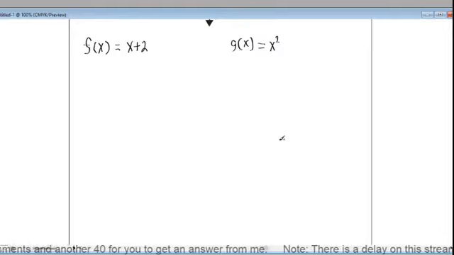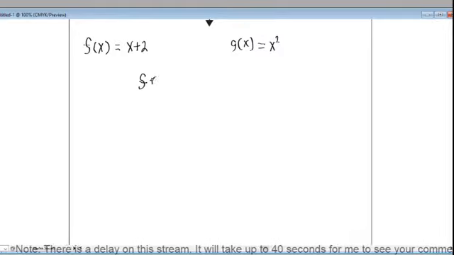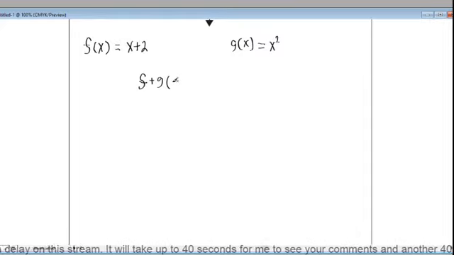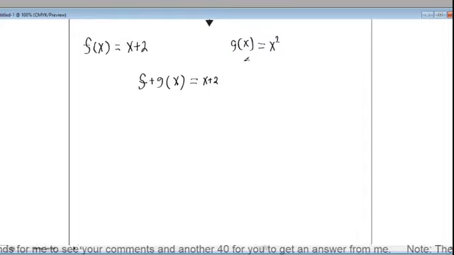Can we still combine these? Can we still add, subtract, multiply, and divide these? Yeah, absolutely. All we need to do is say, all right, f plus g of x is going to be f of x, which is x plus 2, plus g of x, which is x squared.